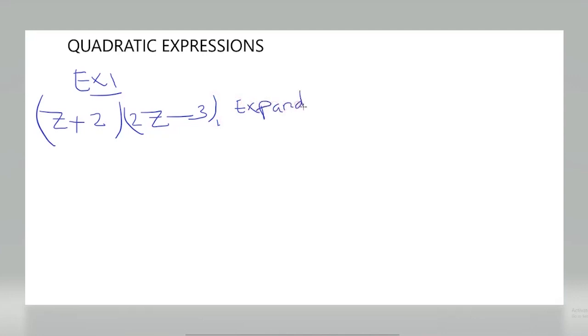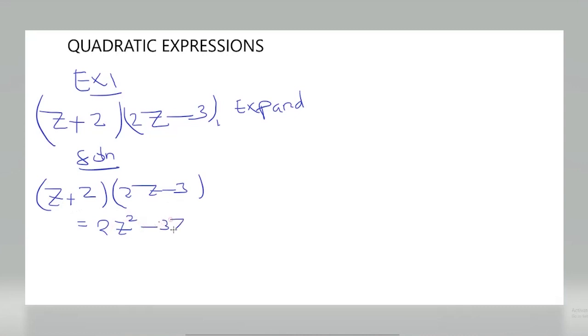Just expand. Now the solution: this is equal to z plus 2 times 2z minus 3, which will be equal to z times 2z, which is 2z squared. Then z times negative 3 is negative 3z.